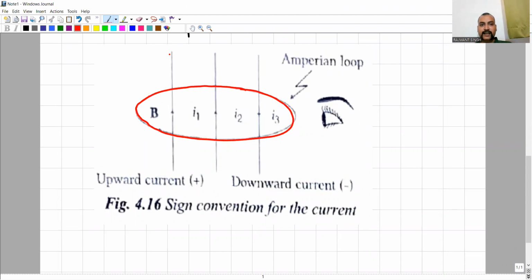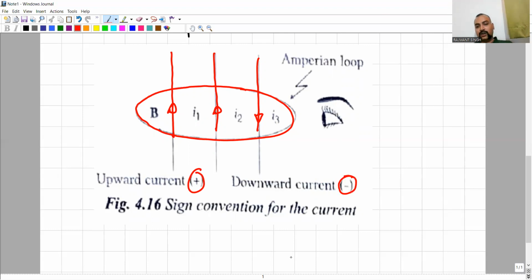You have a current I1 going in the upward direction, then you have I2 and I3. I2 is also going in the upward direction, and I3 is going in the downward direction. The upward current is taken as positive, the downward current is taken as negative.